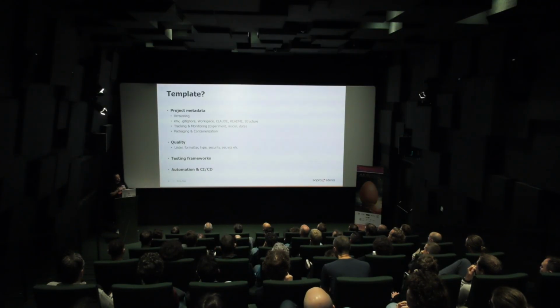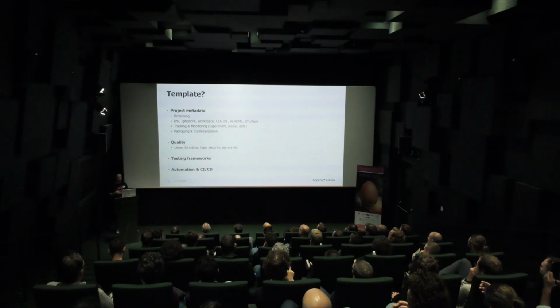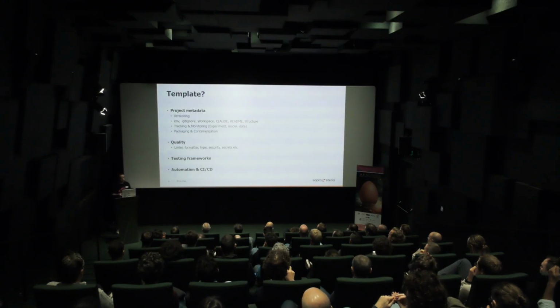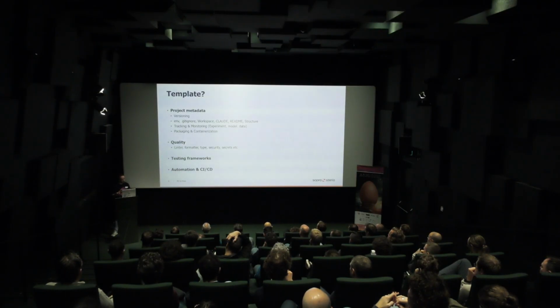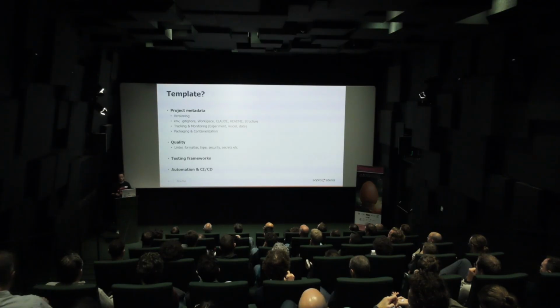You can already build your structure, implement tracking and monitoring things. So for experiment, model tracking, or model registry, data versioning. Also, you could include packaging and containerization elements. Also, you could include a bunch of quality elements like linting, formatting, type checking, security, secret checking, you name it. Finally, you could also include a testing framework.